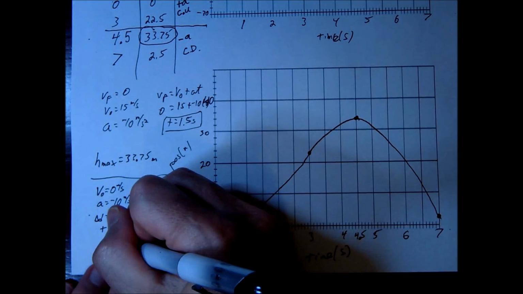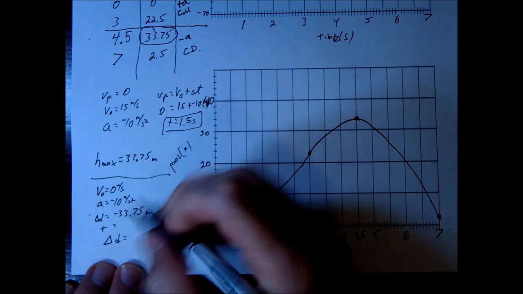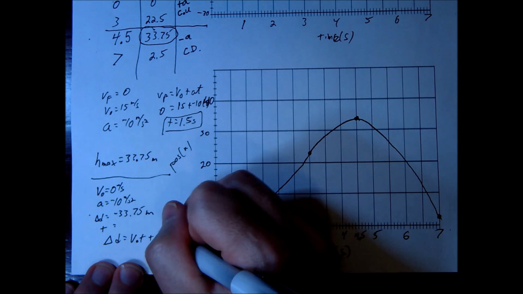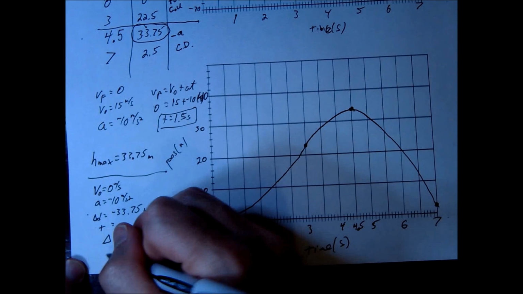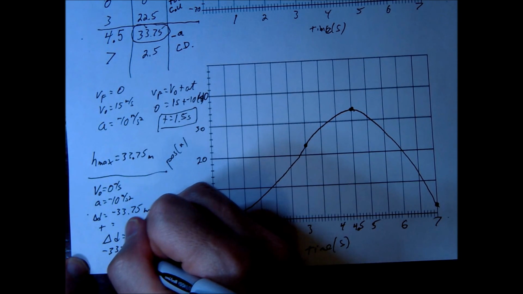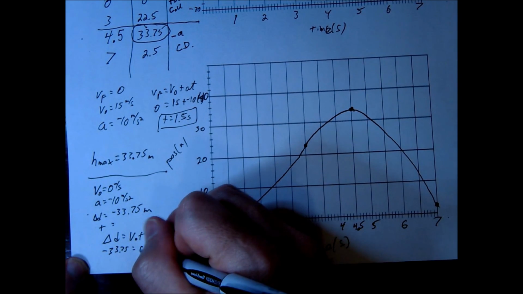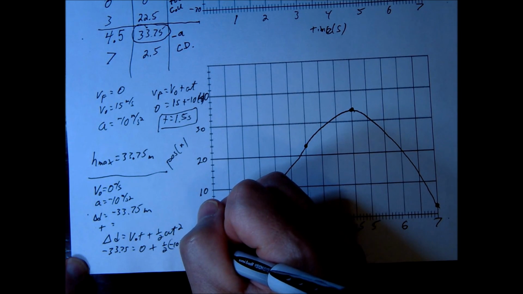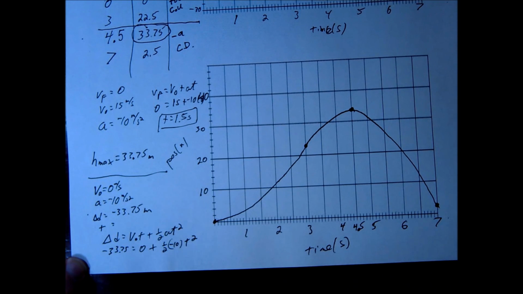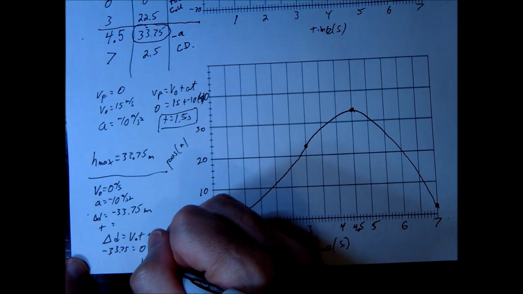So we're just going to use our kinematic equation. We'll use this one, v0 t plus 1/2 a t squared. Let's go ahead and solve it. -33.75 equals 0 plus 1/2 times -10 t squared. Okay, solve for your t.